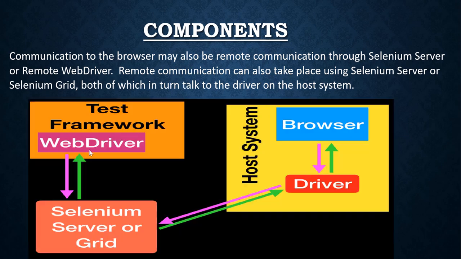This is the WebDriver framework, and when we are using Selenium server or grid, it makes a request to the grid or server, from there it makes a call to the driver, and the driver talks to the browser, and this is a two-way communication, we get the response back. These images I have taken from the Selenium website, and if you want more information, you can visit the Selenium website. I'll add all the links in the description.